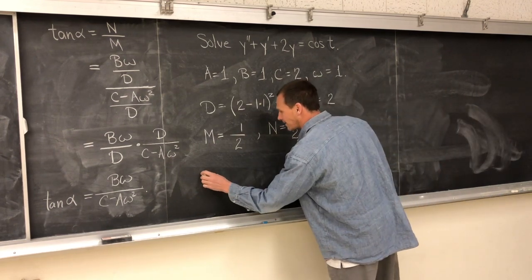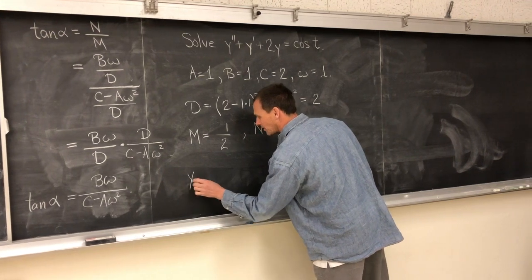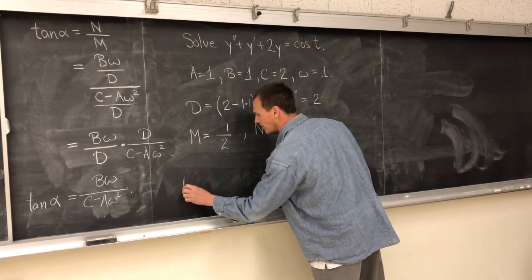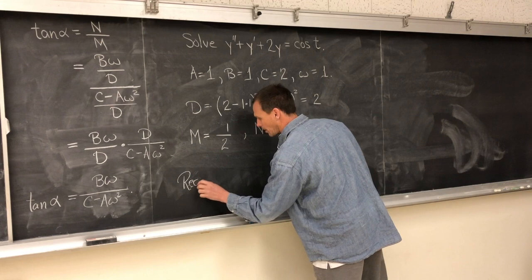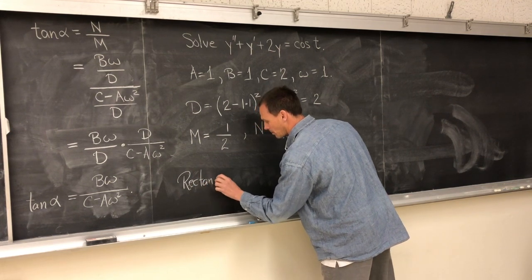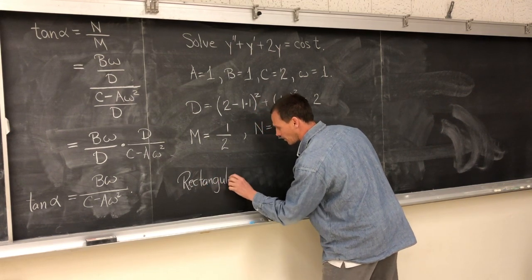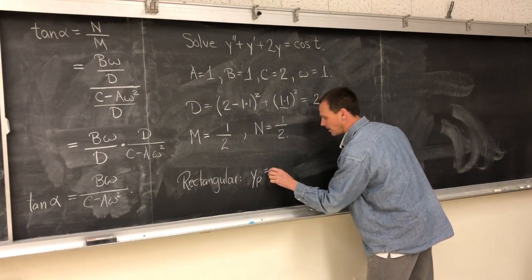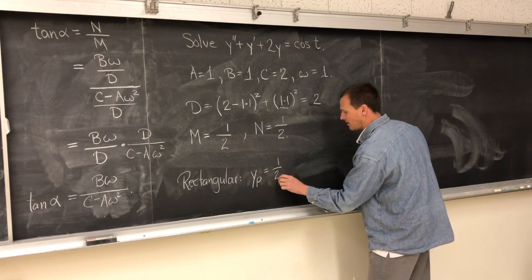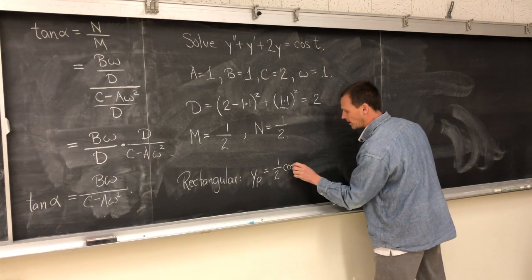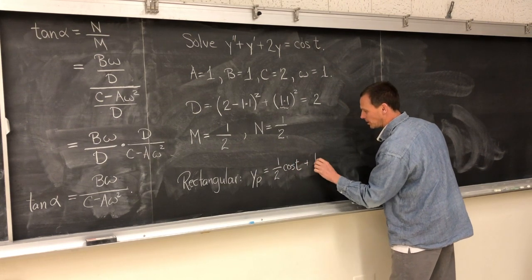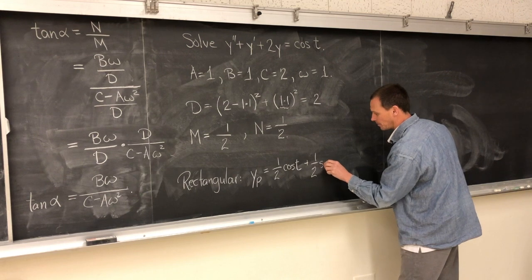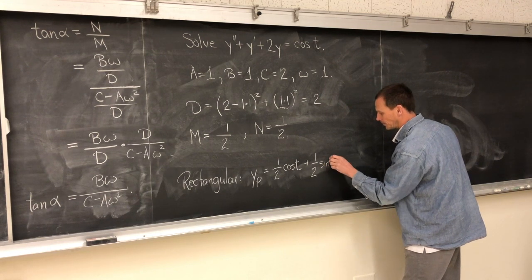So a rectangular solution, right? So let me write that. The rectangular solution is y particular is 1/2 cosine t plus 1/2 sine t.